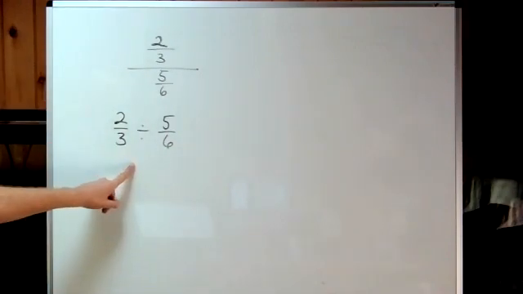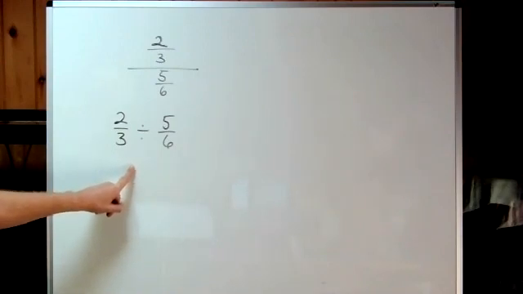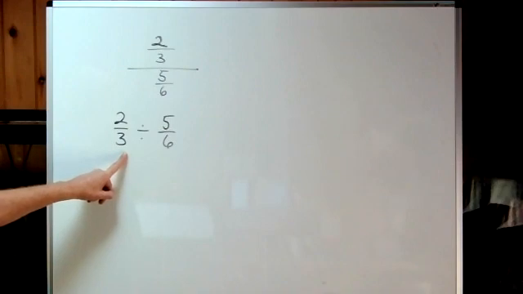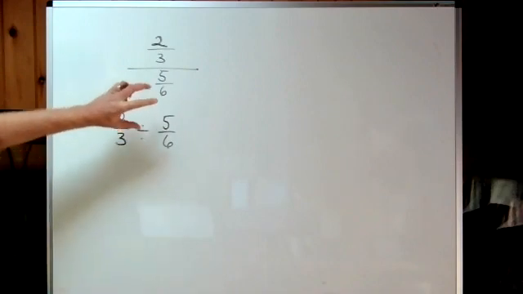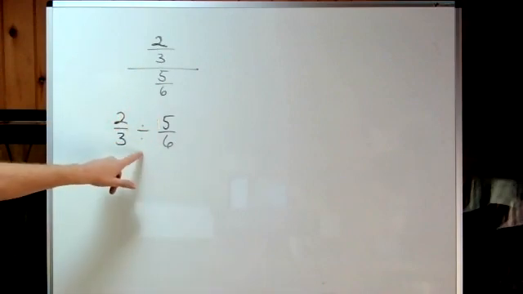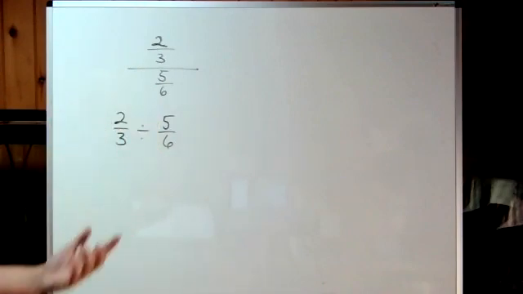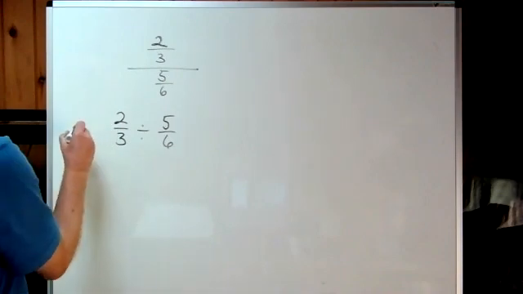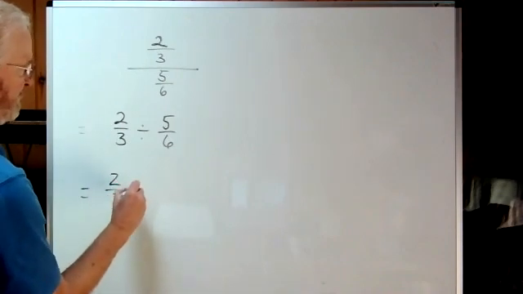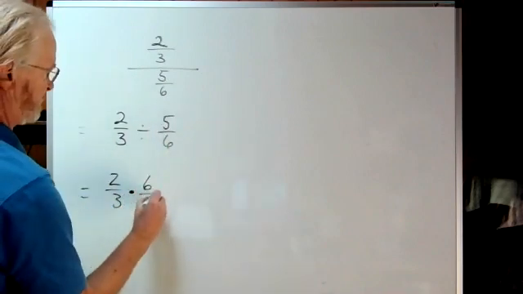Now we do what we did yesterday. We're going to turn the division problem into a multiplication problem by inverting, or using the reciprocal of, the number after the division sign. Flip it over and turn it into multiplication. This is equal to 2/3 times the reciprocal, 6/5.